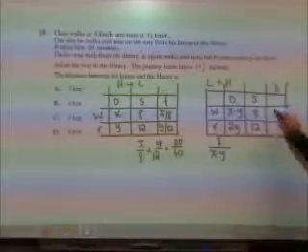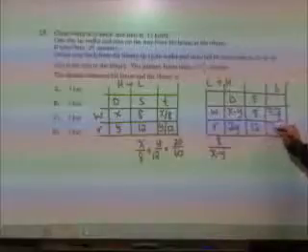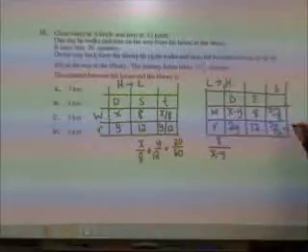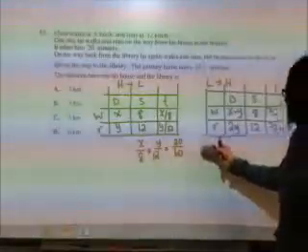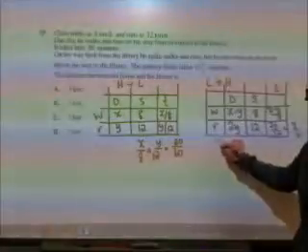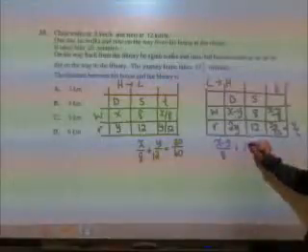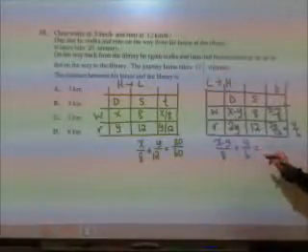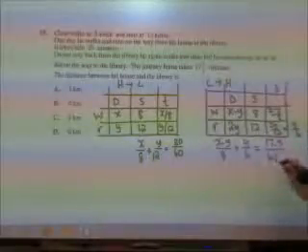Distance divided by speed. x minus y over 8, and 2y over 12, which would become y over 6. So now I have x minus y over 8 plus y over 6 gives me 17.5 minutes out of 60 minutes.